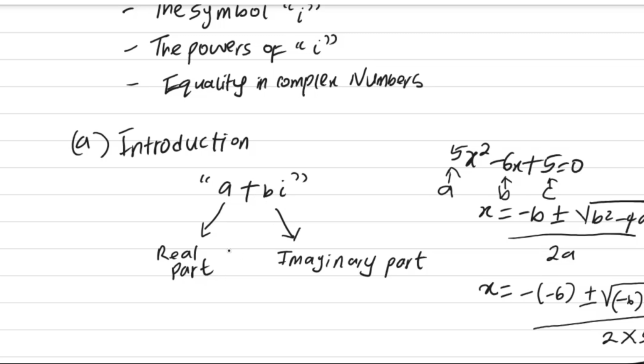Now, in that question, if we take one of the roots, x equal to 3/5 + (4/5)i, it means that the real part in this root is 3/5, while the imaginary part is 4/5. So basically, that's a basic concept of the introduction to complex numbers.